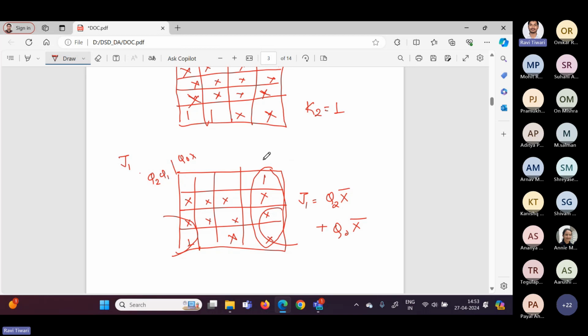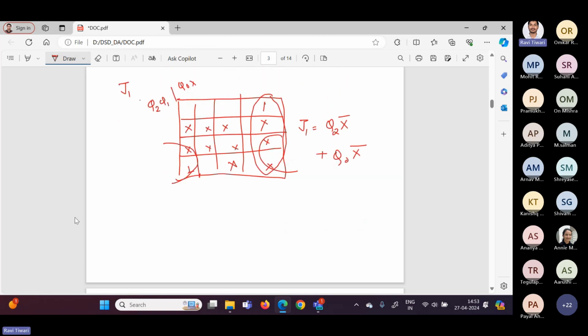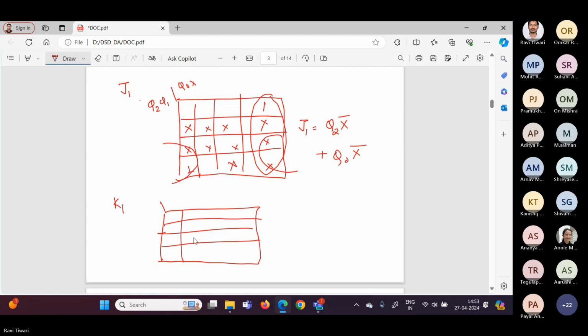Similarly, I have to find out the value of K1 now. So for K1, again, I will make a 4 variable K map like this. And based on the values, I am filling it here. The don't care, 1, 1, 1. Then these are again a don't care condition after 9.